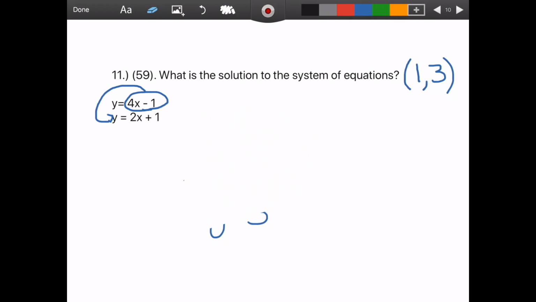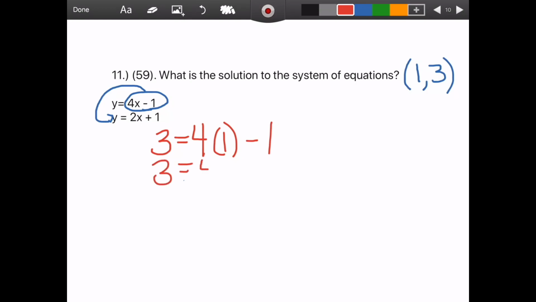Now on a test, I would definitely want to double check this by plugging in 1 for x and 3 for y into each of those equations and making sure that it makes sense and it makes a true equation. So let's do it for the first one. So I'm going to do 3 for y equals 4 times 1 minus 1.